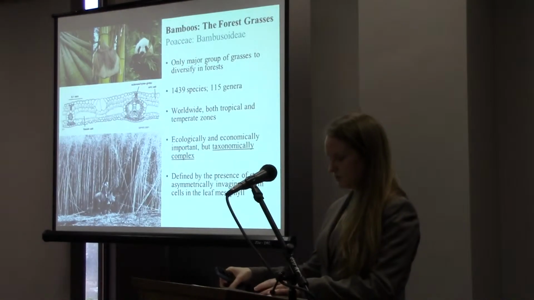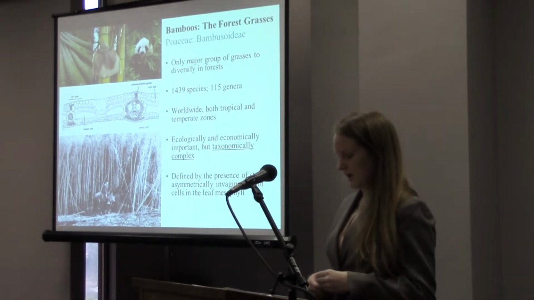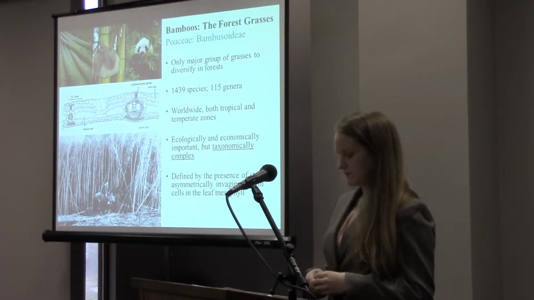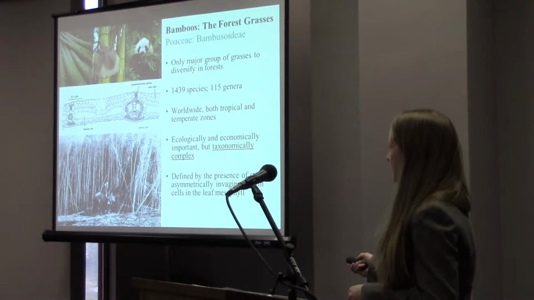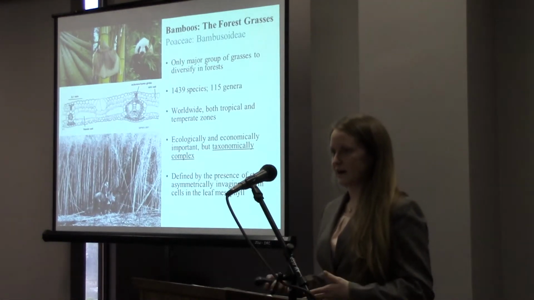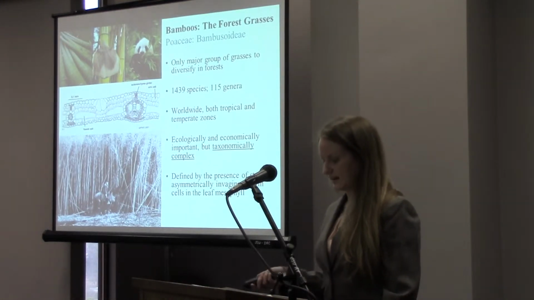Bamboos belong to the grass family known as Poaceae. They are the only major group of grasses that have diversified in forests. This is an example of a bamboo forest. These forests actually pretty much dominated America when settlers first arrived, and they were cut down.